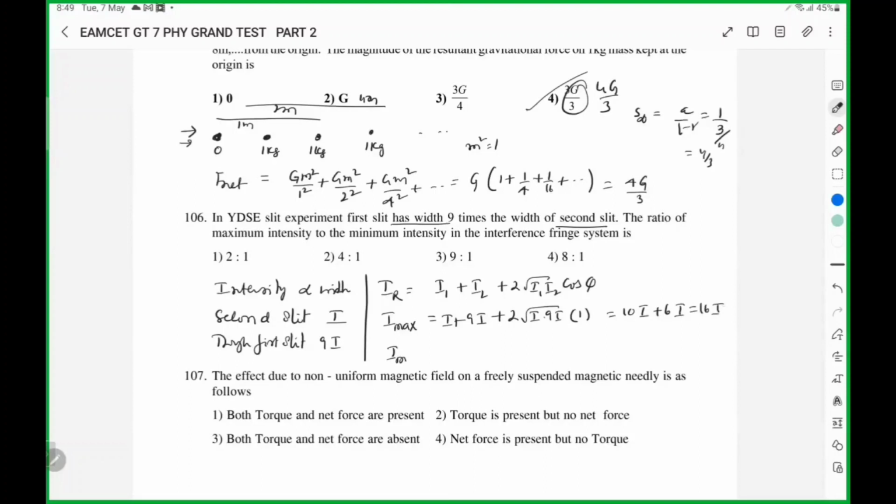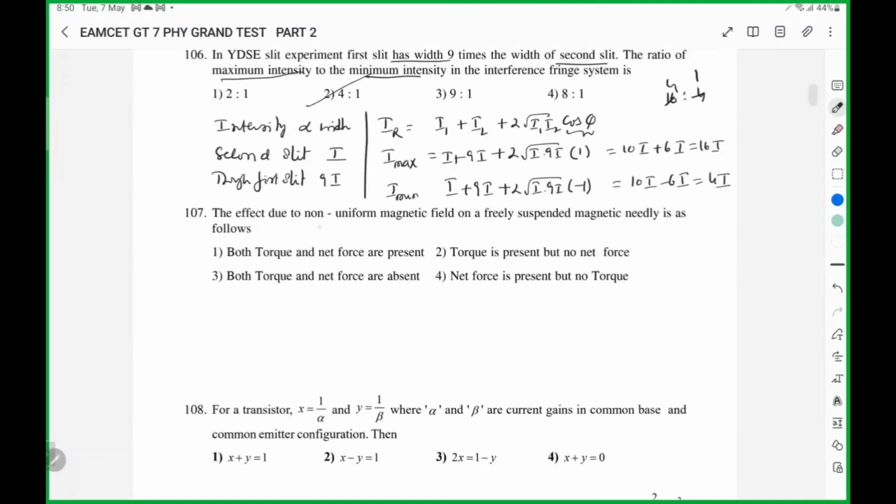I minimum will be when cos phi is minus 1: I plus 9I plus 2 root I times 9I into minus 1, 10I minus 6I, that is 4I. So the ratio of maximum to minimum is 16 to 4, that is 4 is to 1.